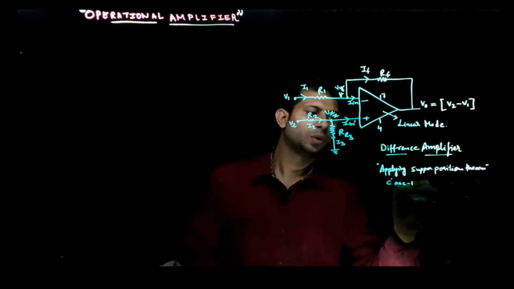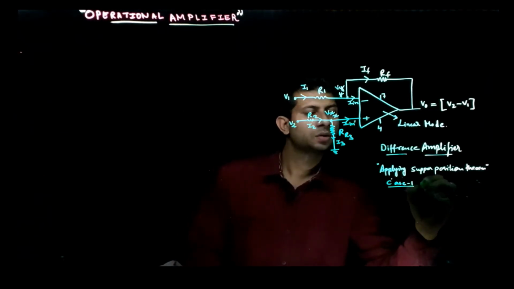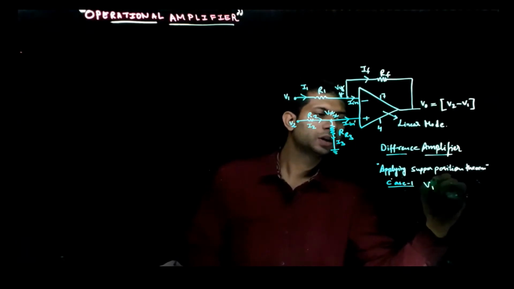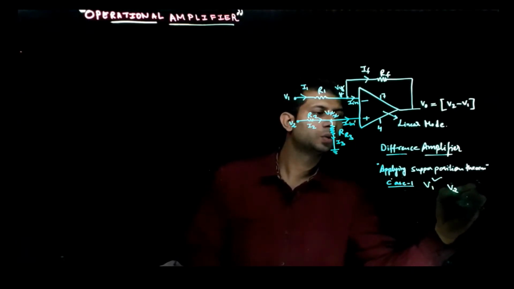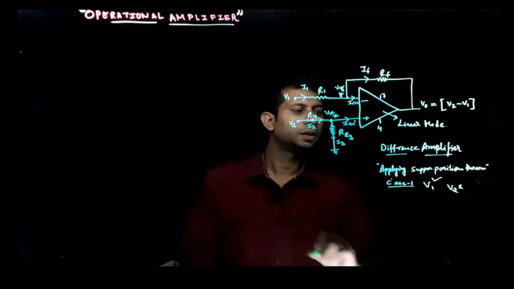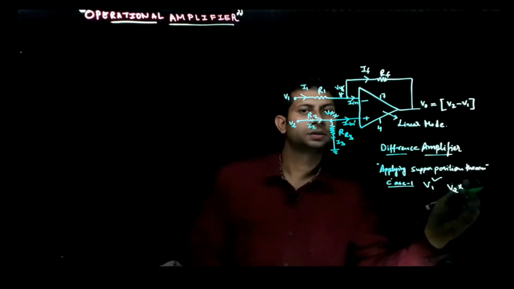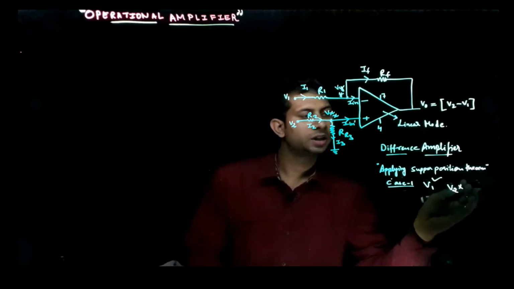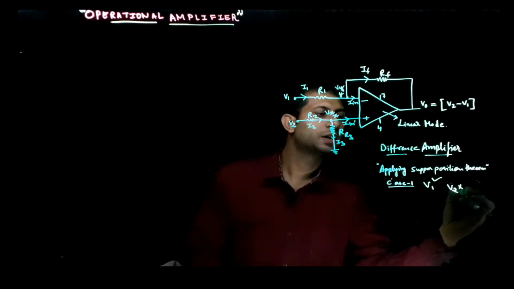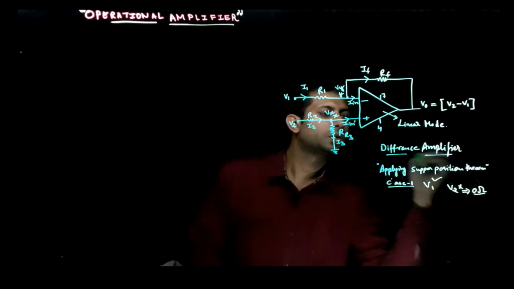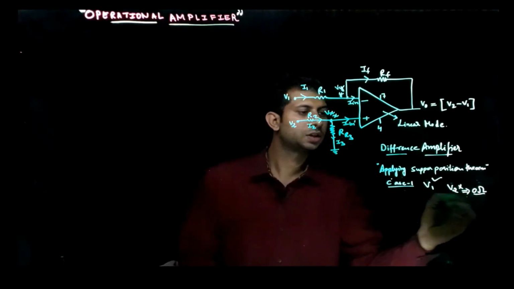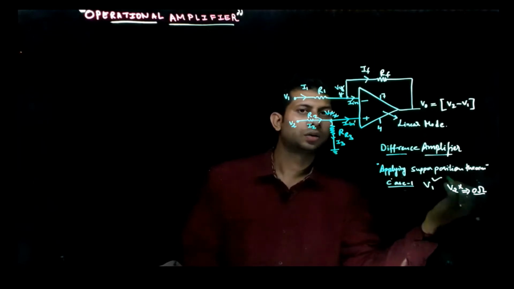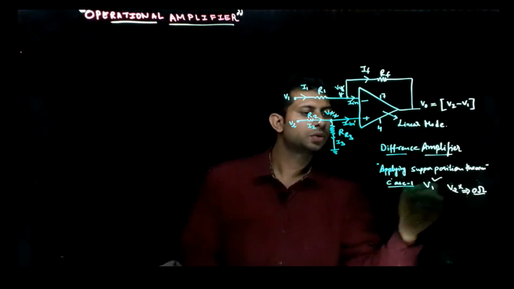Case 1, in which we assume V1 is active and V2 is deactivated, and V2 is replaced by its internal resistance, and if it is a voltage source it is replaced by 0 ohm. The internal resistance of any battery source is equal to 0.